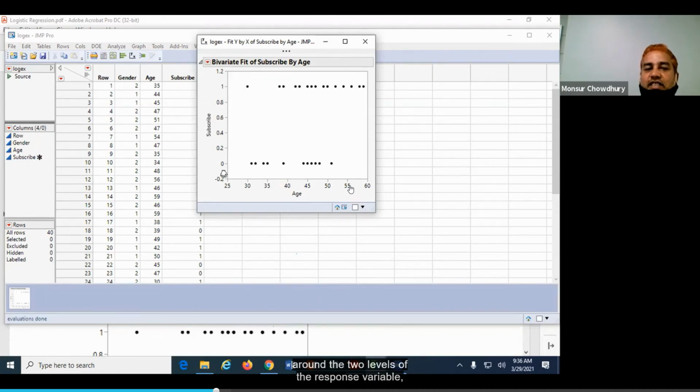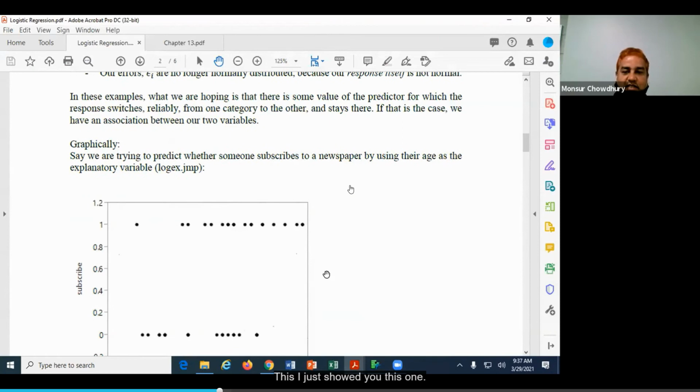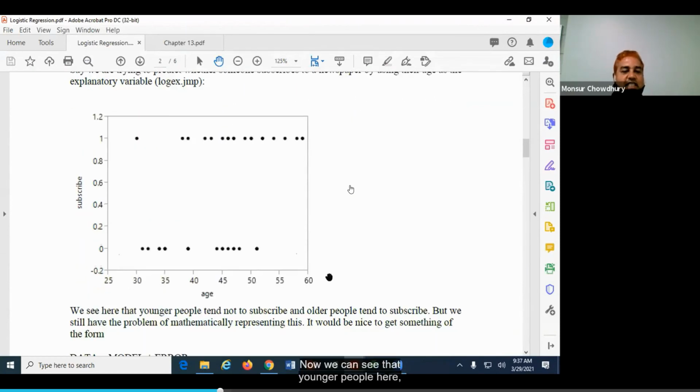We can see that younger people tend not to subscribe and older people tend to subscribe. 1 means they will subscribe to a newspaper, and 0 means they will not.